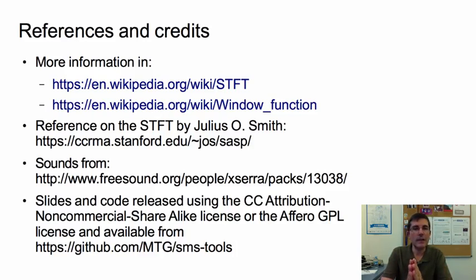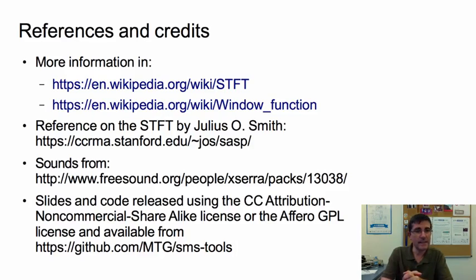Okay, so this is all, and there are a lot of references for the topics I covered, especially about windows. In Wikipedia, you can find quite a bit of information about the short time Fourier transform and about windows. Julius, in his website and his online books, discusses this quite a bit, so that's a very good reference.